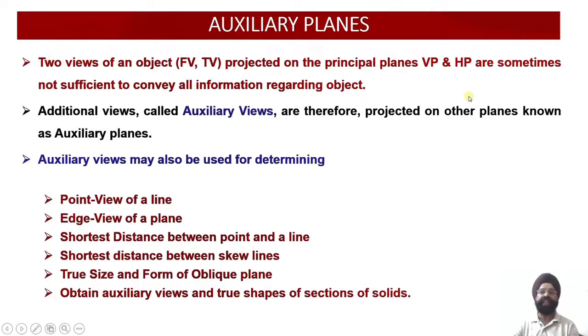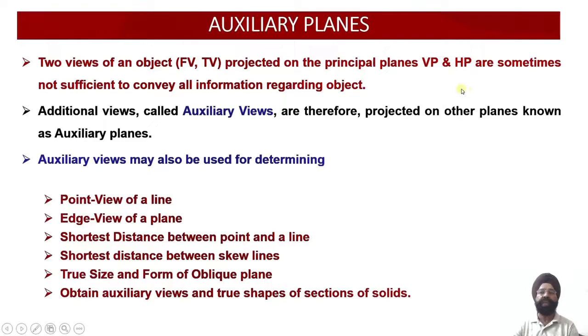So whenever these inclined surfaces are projected onto the horizontal plane or the vertical plane, the projections of these surfaces appear to be smaller than the actual shape and size of the inclined surfaces.